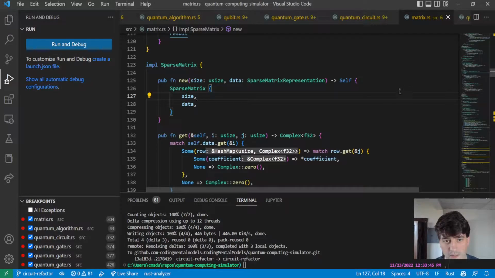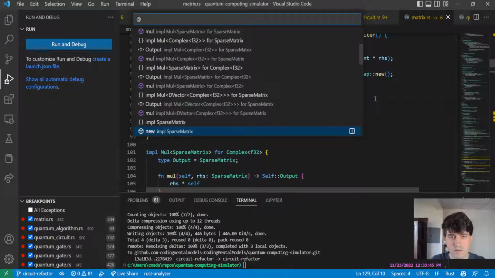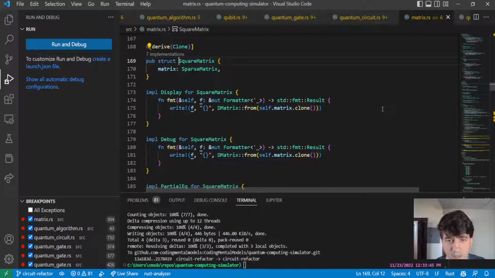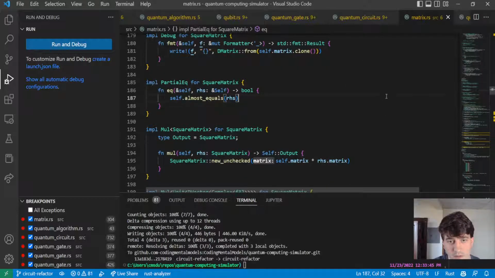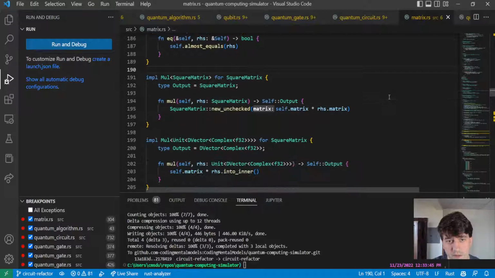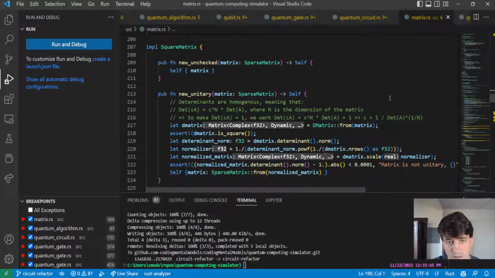Okay, so new. Oh, that's fine. Where's square matrix? Display almost equals. That's fine.